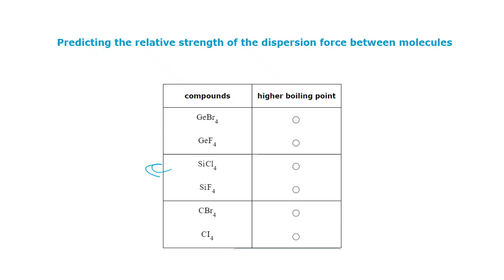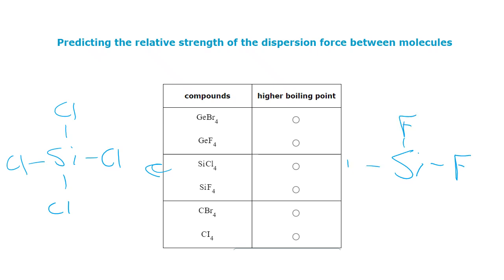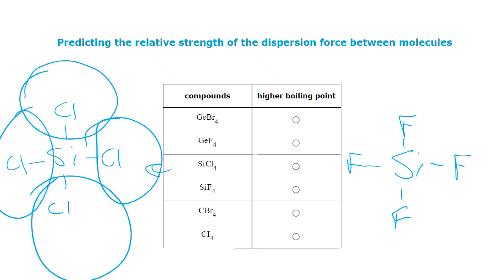So let's look at that third one. If I were to draw the Lewis structure, the dots will go around the Cl. And then if I were to draw this one, you know, they're both symmetrical, they're both nonpolar. But chlorine is a larger atom because it's lower on the periodic table.